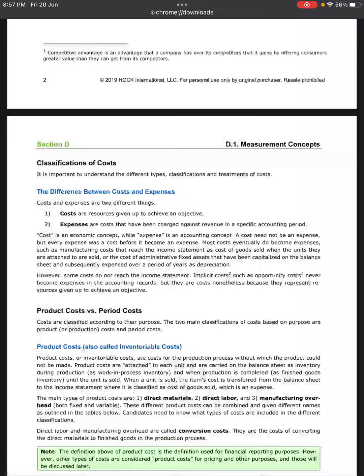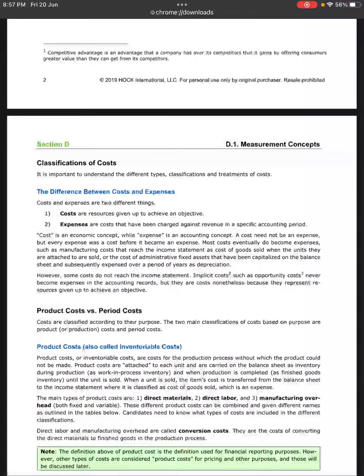What is manufacturing overhead? Suppose indirect labor and indirect material, right, that are directly related to manufacture of the product, those are the manufacturing overhead.